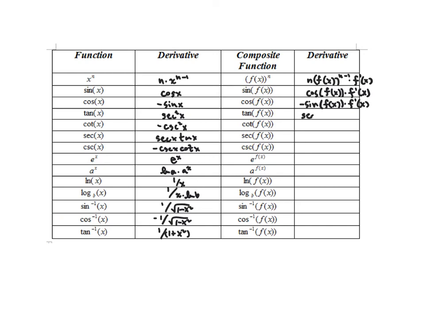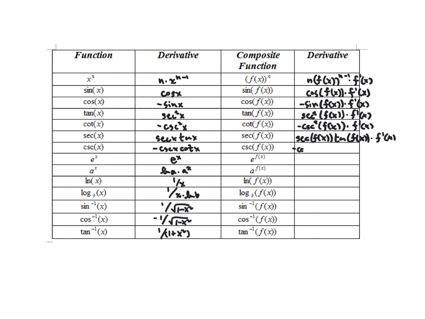We would have then secant squared f of x times f prime x, and negative cosecant squared f of x times f prime of x. I'm just carrying that chain rule along. This would be secant f of x tangent f of x times f prime at x.